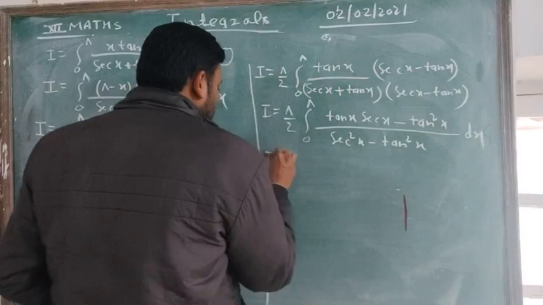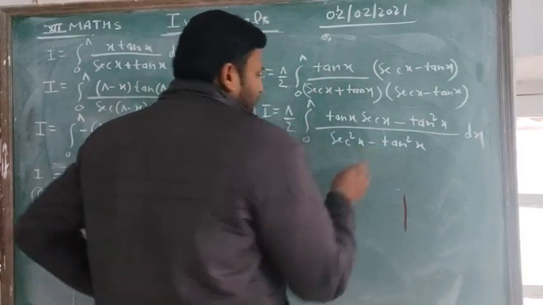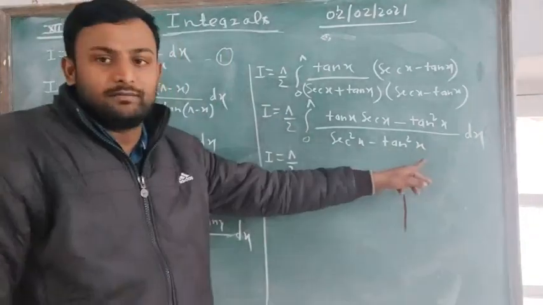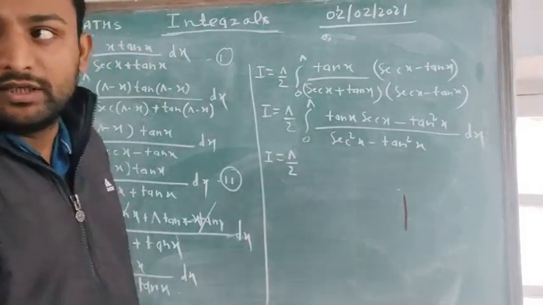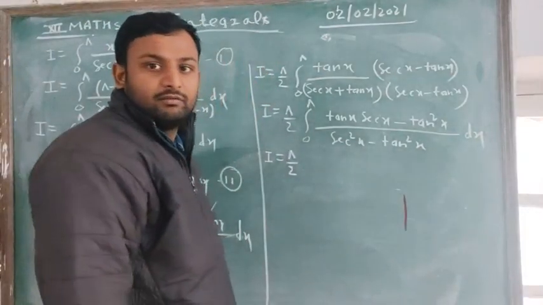Okay students, so I is pi by 2, and in the denominator we can replace this with 1 because this is our identity. So we can write at the place of sec square x minus tan square x, 1.